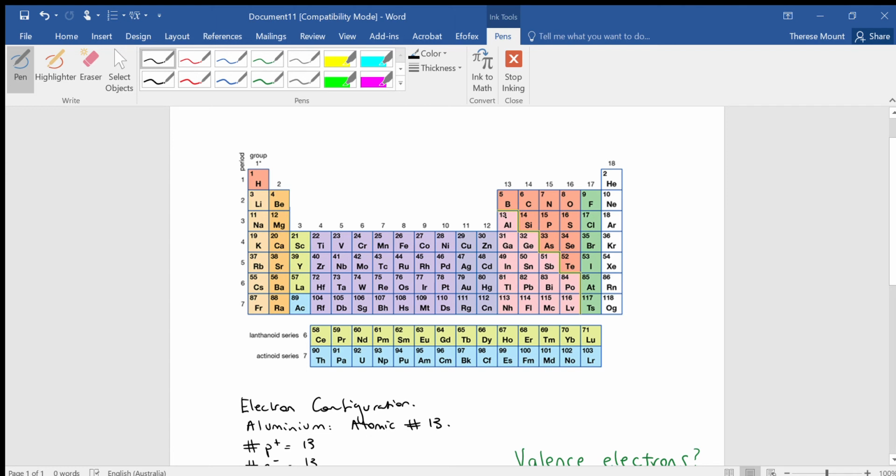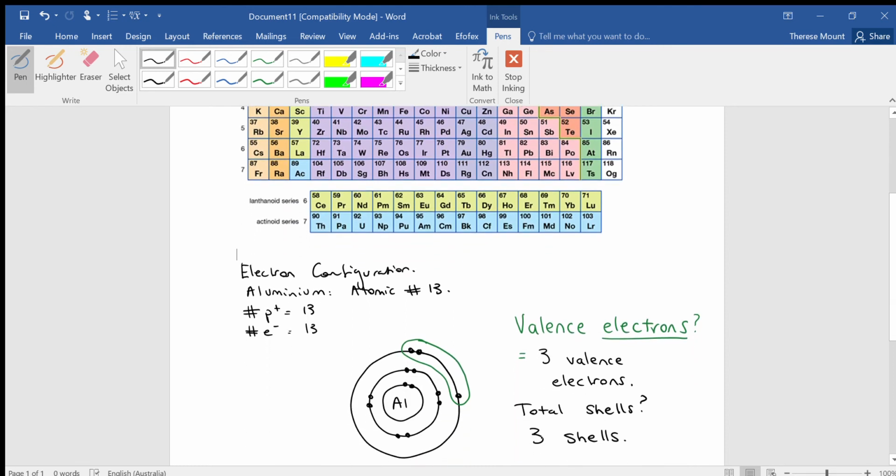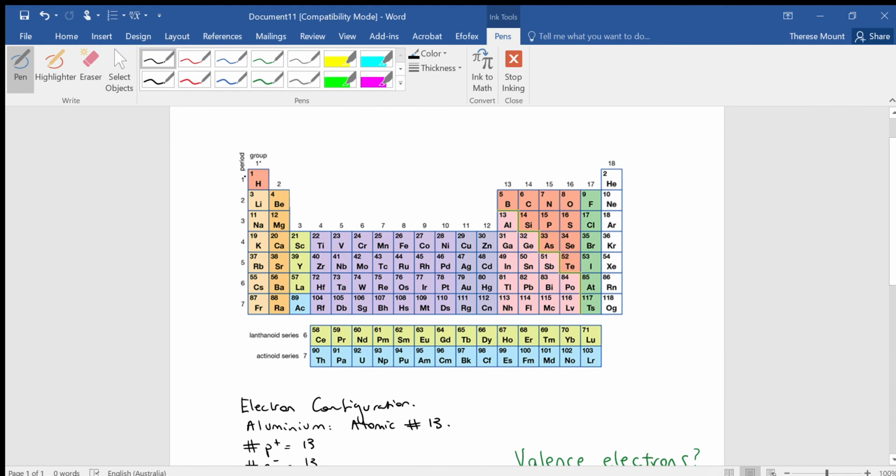Okay, now what row is it in, or what period? So 1, 2, 3, it's in the 3rd period. Now, periods are arranged in terms of the number of shells that you have filled. And what are the total number of shells that we said? We've got 3 shells. So that is the reason why aluminium is in period 3, because it has 3 shells in total.